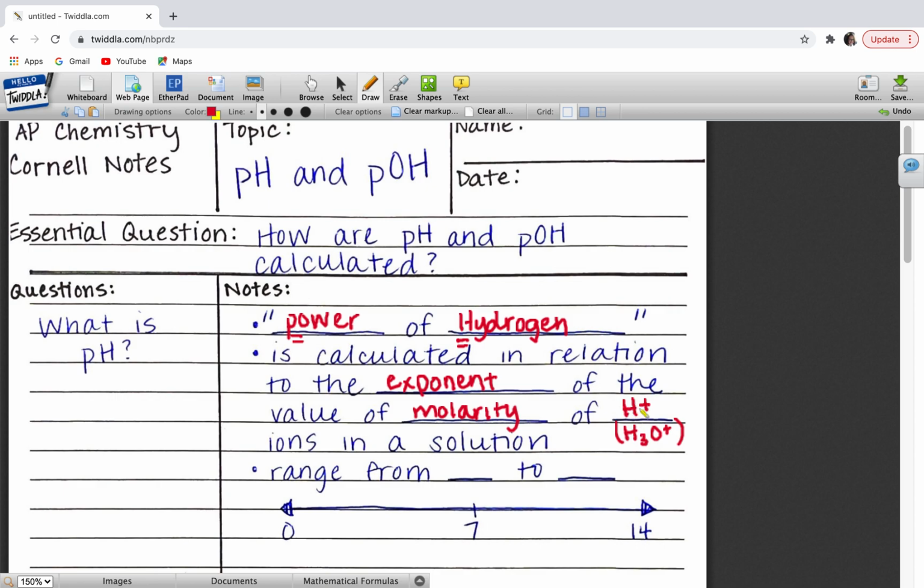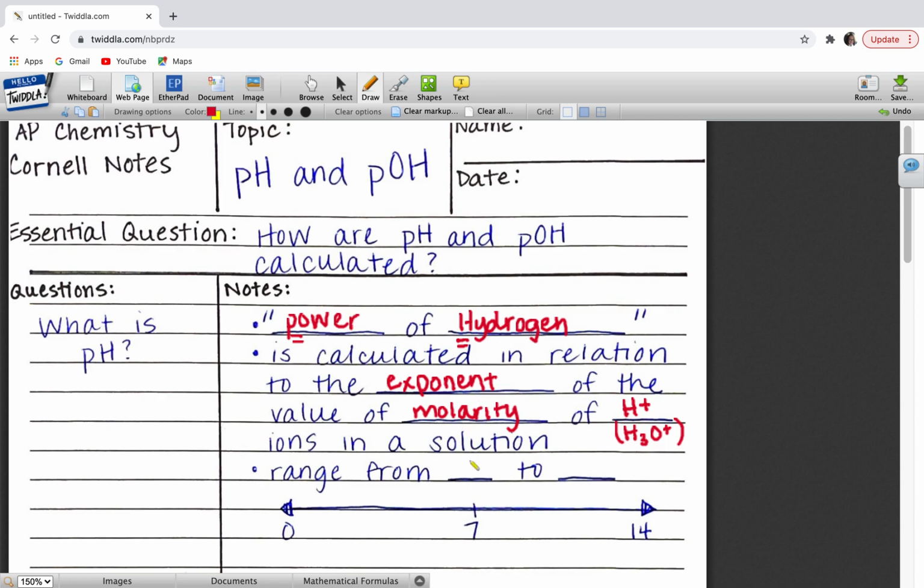Sometimes you'll see H+, sometimes H3O+, but it's the same thing, it's hydrogen in water, okay? So the exponent on the value of molarity for the hydrogen in that solution is going to be used to calculate the power of hydrogen.